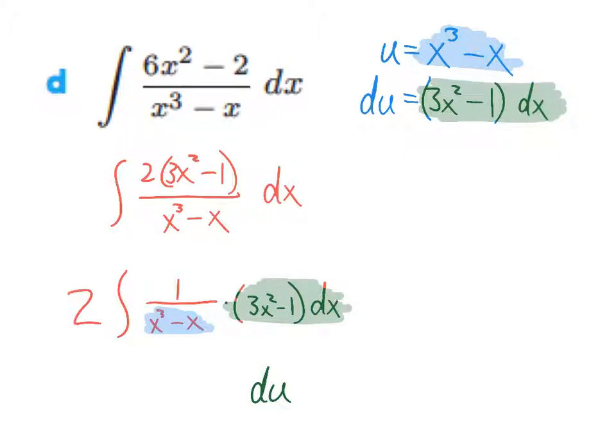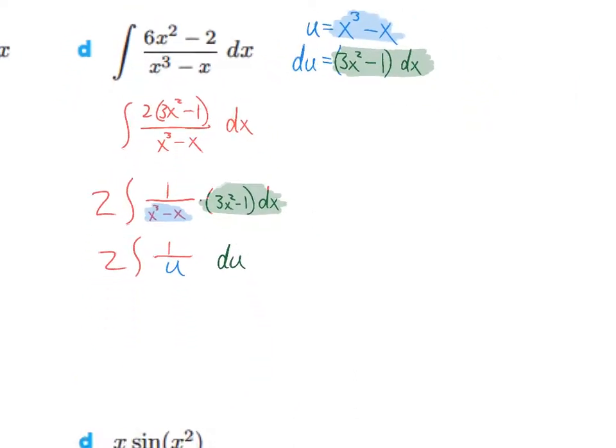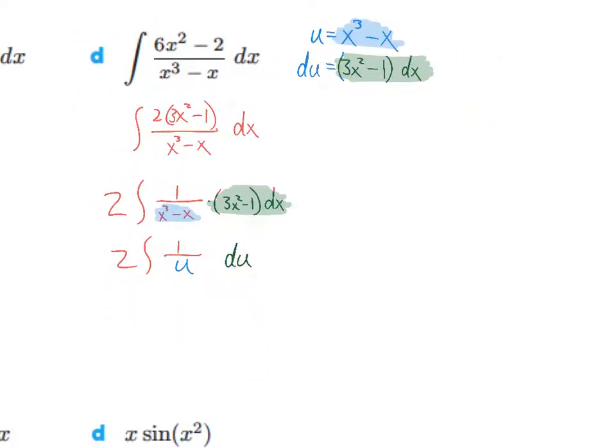Alright, so now we have 2 times the integral of 1 over u du. We know that the integral of 1 over u is ln of the absolute value of u. So we have 2 ln of the absolute value of u.